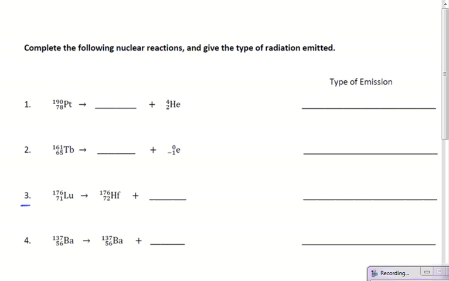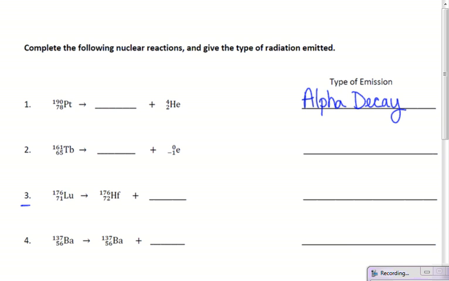You have to figure out what the missing particle is and then identify it as either alpha, beta, or gamma on the right. If you have something like number 1, we notice that 4/2 He is one of our 3 types of radiation that we're looking at. That's going to be alpha decay. And you do need to write decay if it's alpha or beta, radiation if it's gamma.